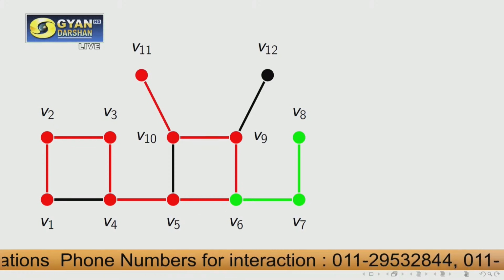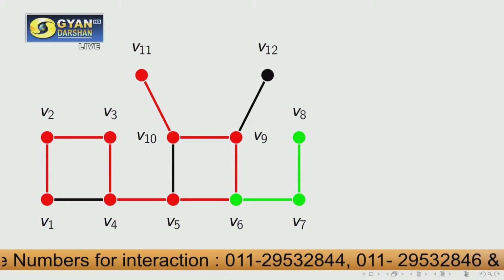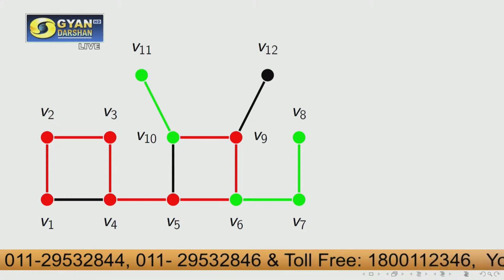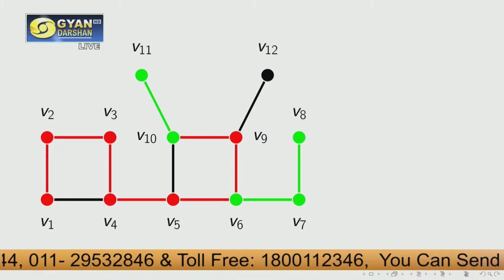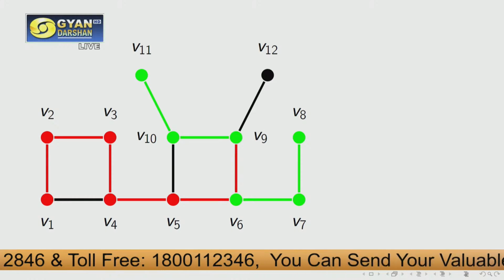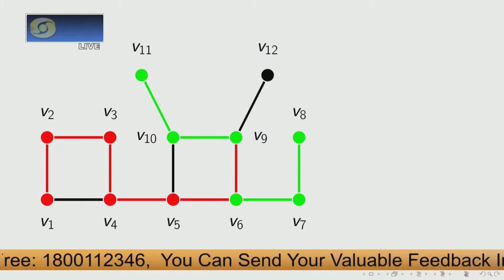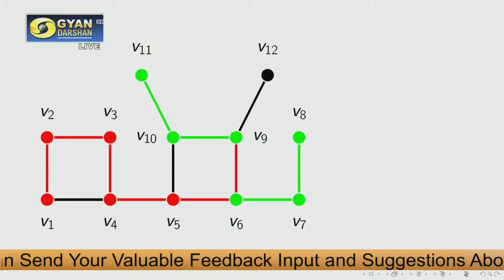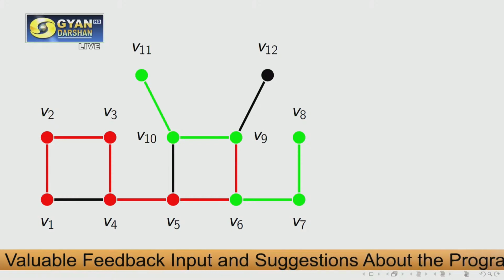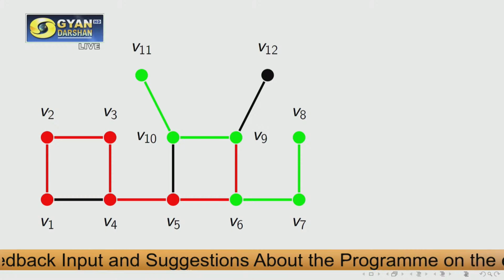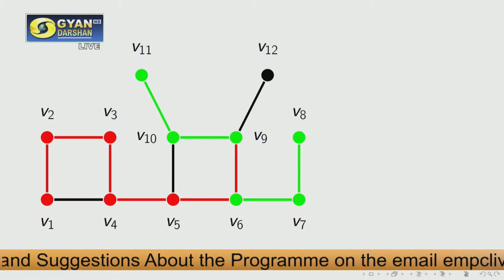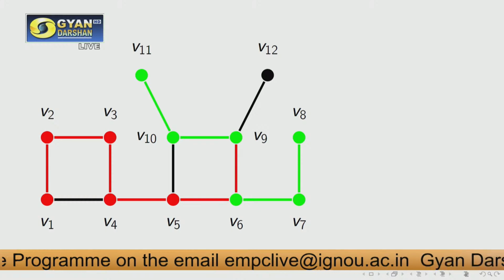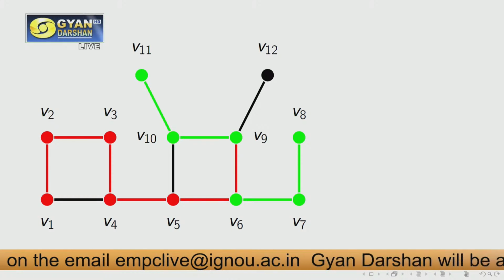Again at V11 we cannot move further, so we go back to V10 and then V9. One thing that you must note is that while backtracking we use the same edge through which we moved forward. For instance, from V10 we could not move to V5 although there is an edge, but we moved from V10 to V9 because we used that edge while moving forward.